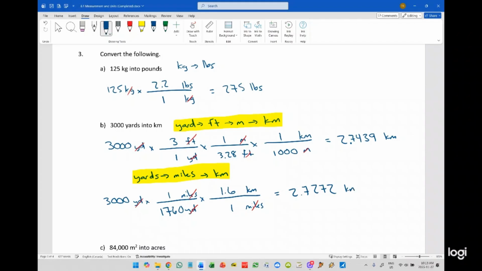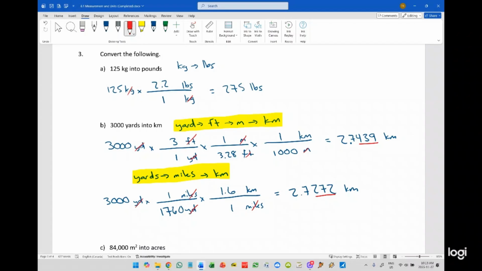2.7272 kilometers. And I want to point out that the 2.7 part is the same on both, but this is a little bit different. And this has to do with the fact that we're moving between imperial and metric. In one of them, I have the approximate number of feet in a meter. And in one of them, I have the approximate number of kilometers in a mile. And because of that, there's slight rounding differences.